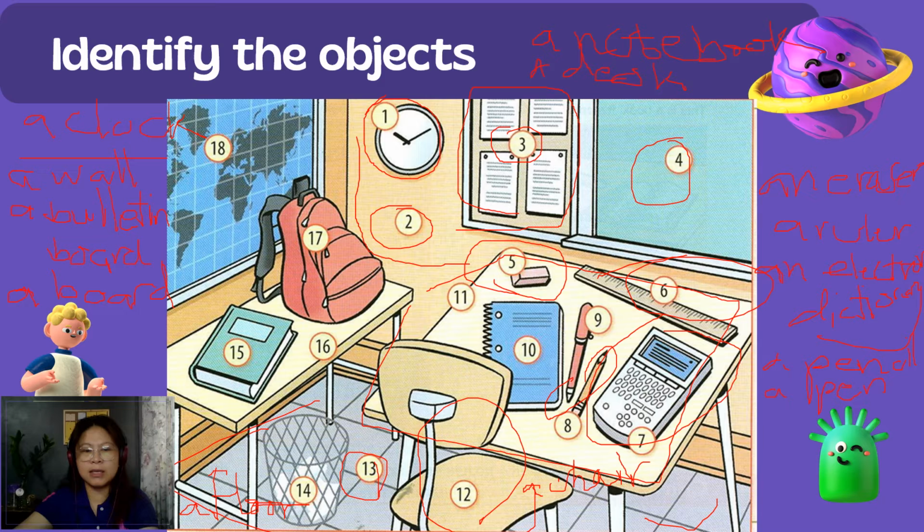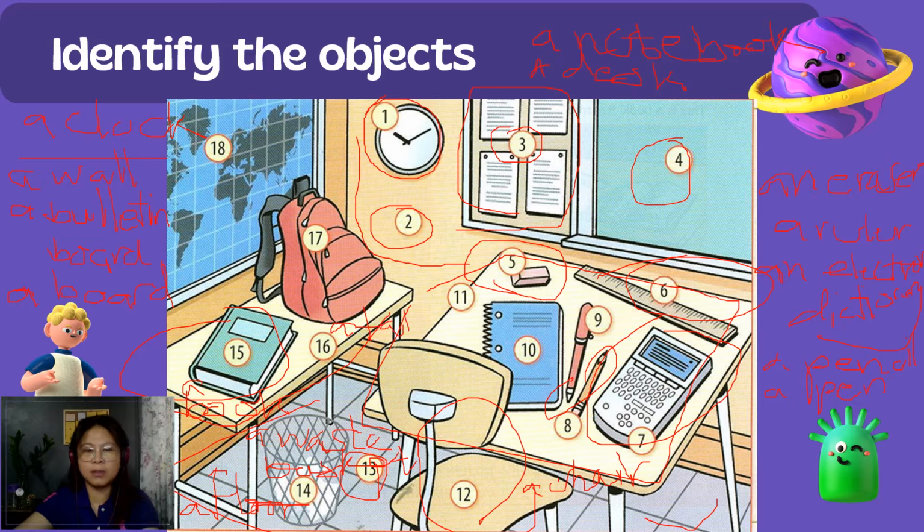Number 14 is a wastebasket or a bin. Number 15 is a book. We have a book. Number 16, we have a long table or a table.